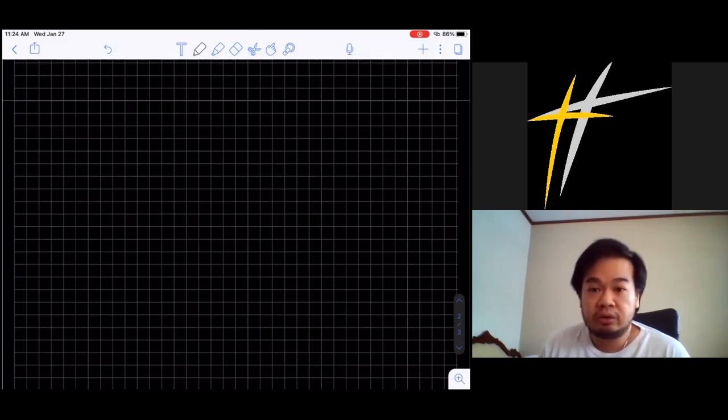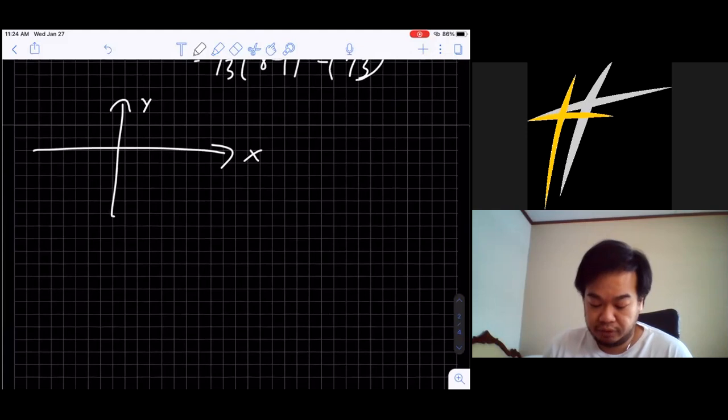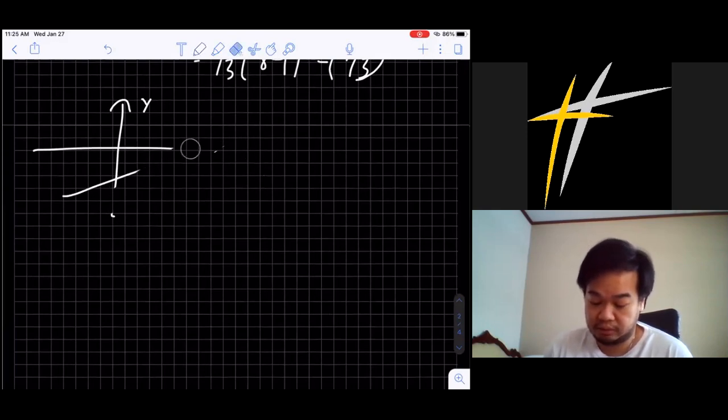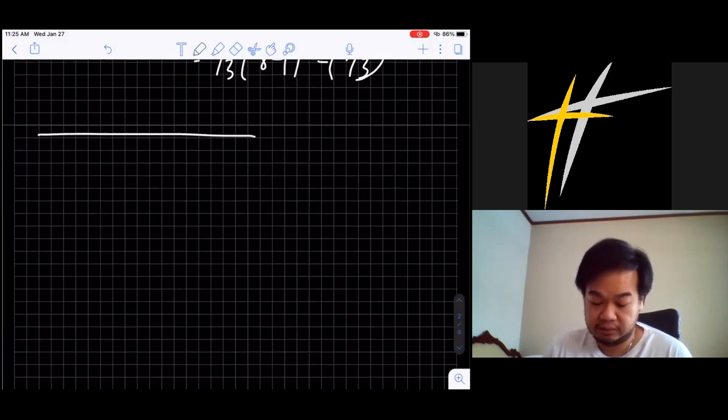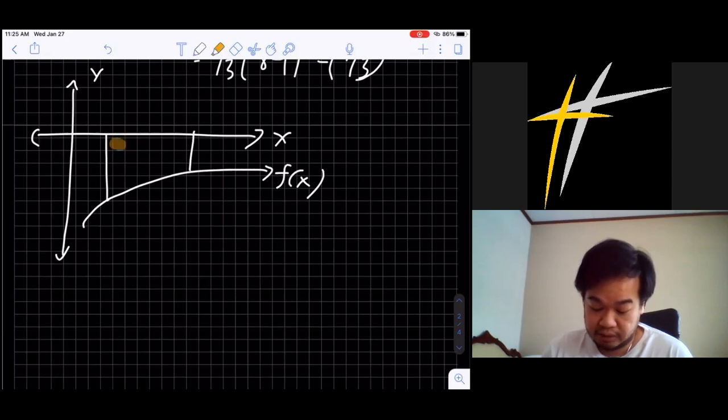So one thing you need to keep in your mind first: if your graph is below the x-axis, let's say it's like this, and we want to find this area, this is your x.